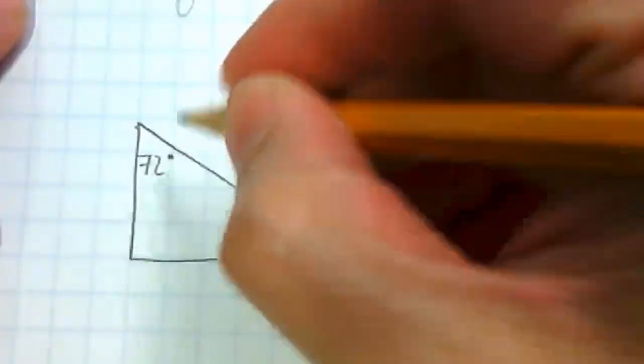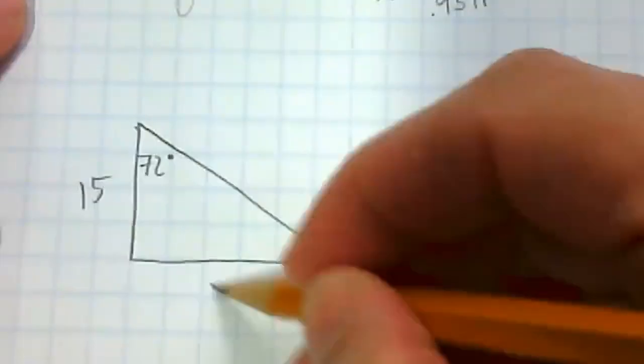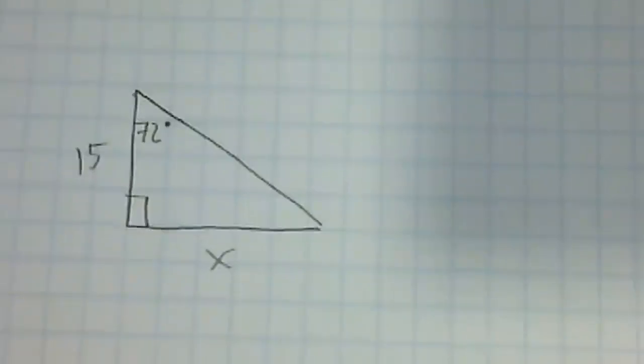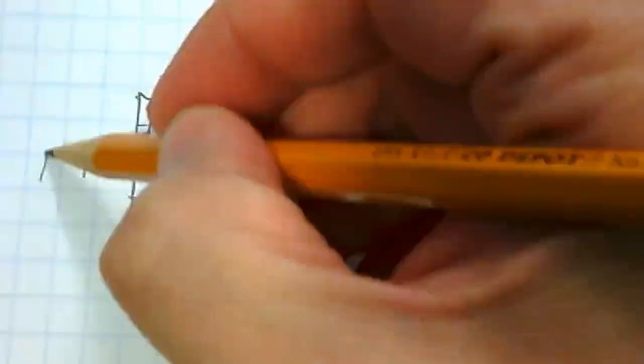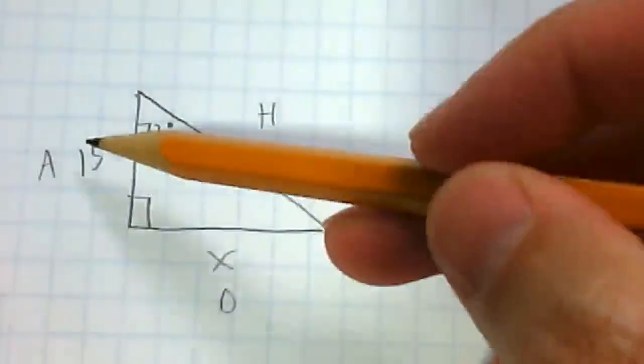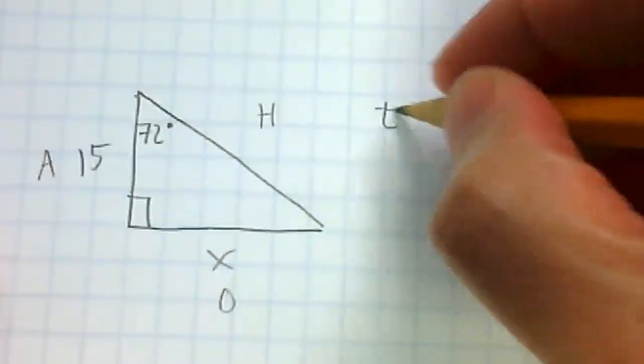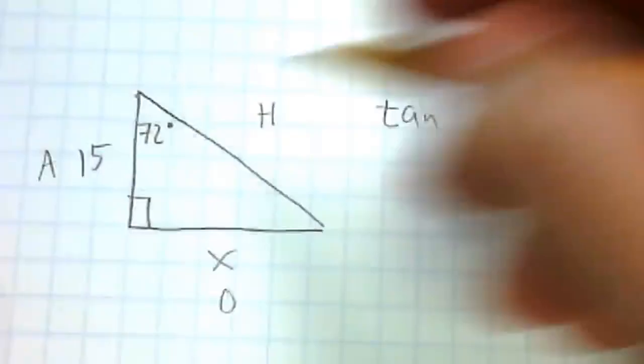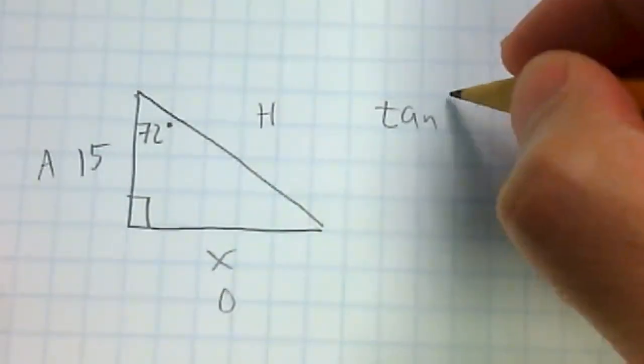Let's try to find another problem here. Okay, let's do this one. All right, in this problem, x is my opposite side, my hypotenuse is up here, and 15 is my adjacent side.